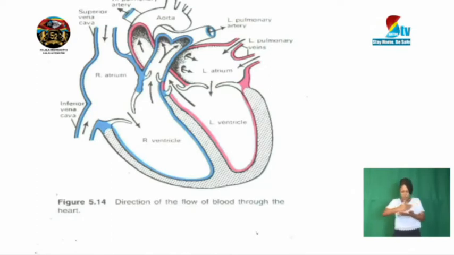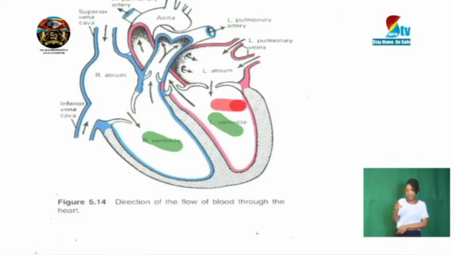I'm going to highlight them. We have the lower chambers, this one and this one, highlighted in green. We call them the ventricles. This one, highlighted in red now, is the left ventricle, and this one, also highlighted in red, is the right ventricle.